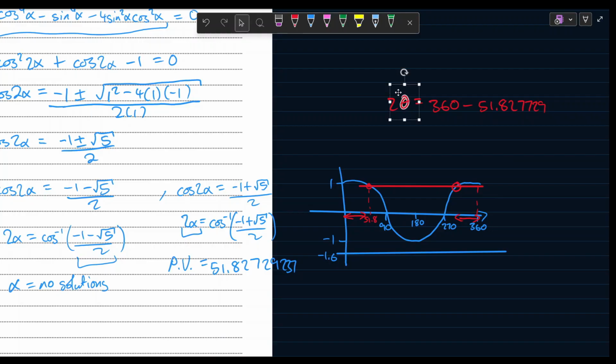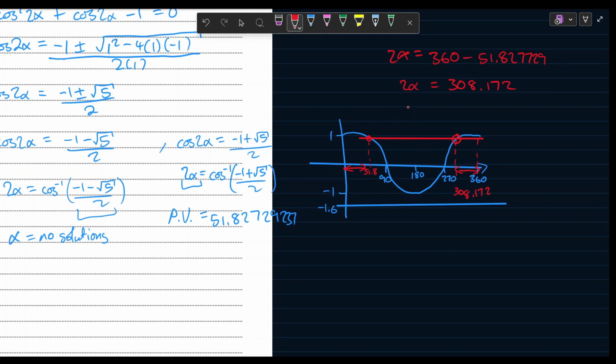We're dealing with alpha. So it's going to be 2 alpha, okay? And that's going to give us 2 alpha is 308.172. Okay, so it means that this value here is 308.172. And as you can see here, these will be the only two solutions within our given interval.